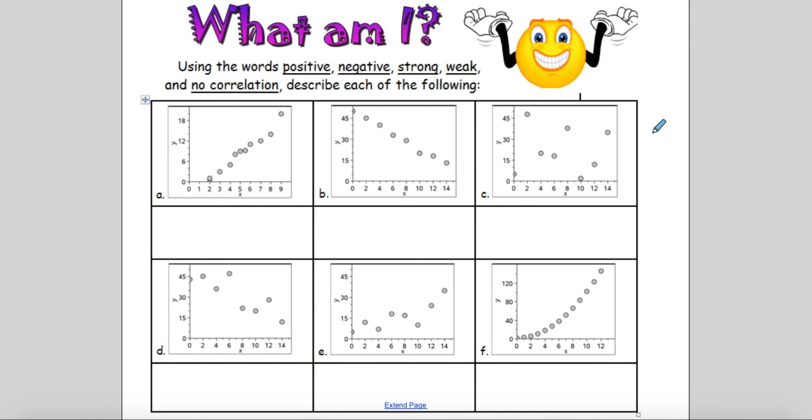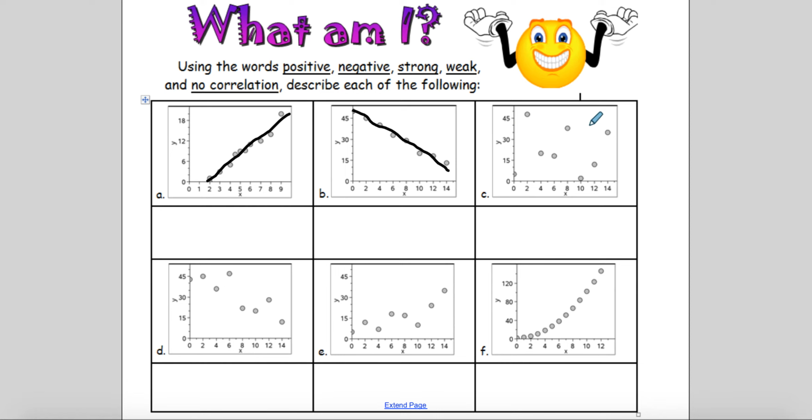All right, so looking at some examples here. This, I would say, is a linear relationship with a fairly strong positive correlation. Here, linear relationship, fairly strong negative correlation. You can hear some garbage being pulled down the hallway now.